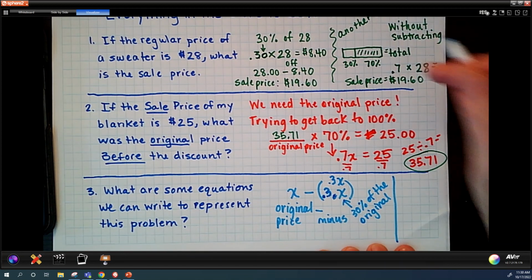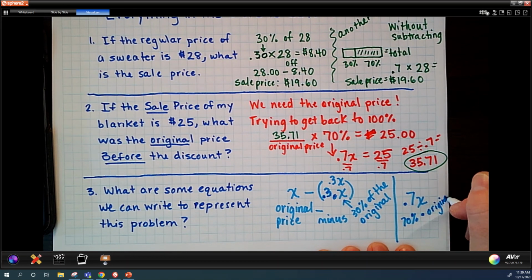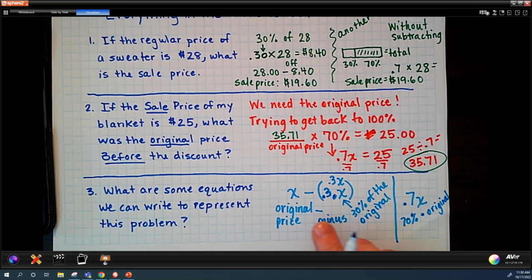The other way is to use this one, which is easier. This is just 0.7x. This is just 70% times the original. Both of these equations work.